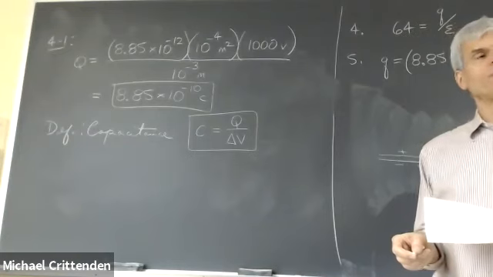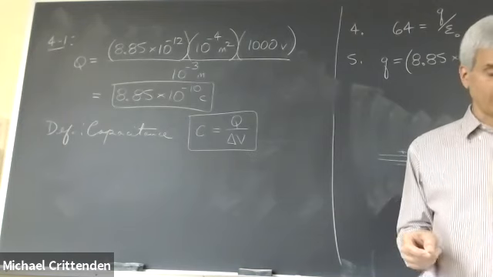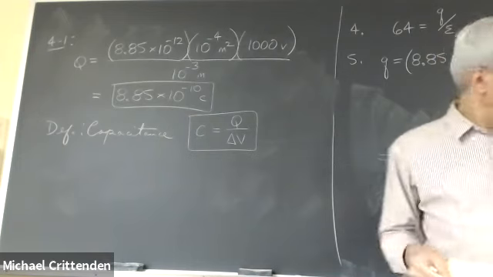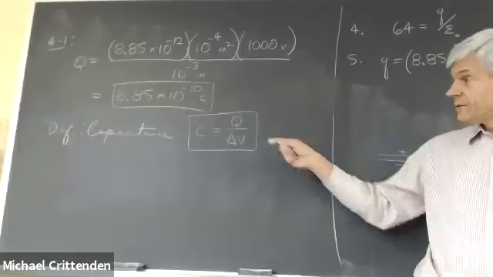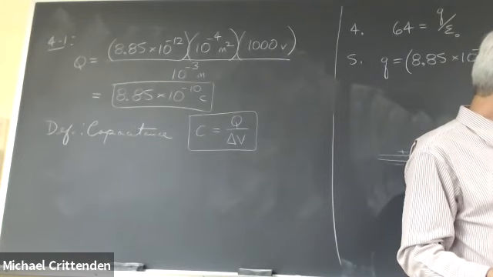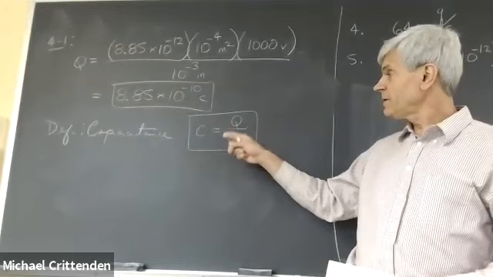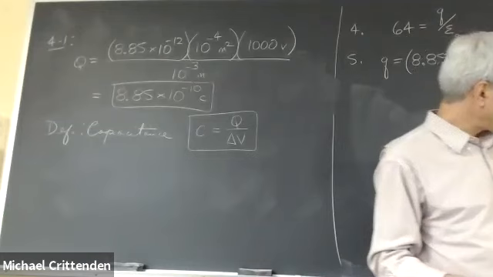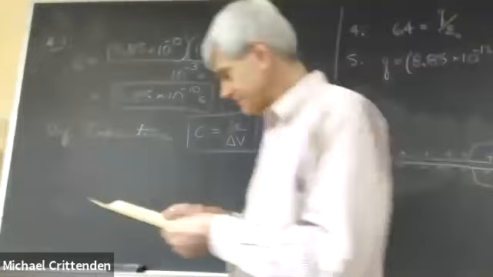I'm pretty sure this is one of those formulas I wanted you to remember, as opposed to the kind you can look up on the formula sheet. If you compare this definition to what we had here in the middle of example number 1, where Q equals some constant times delta V, and this is of the form Q equals C times delta V. Well, in the case of a parallel plate capacitor, this thing in parentheses would be the capacitance.